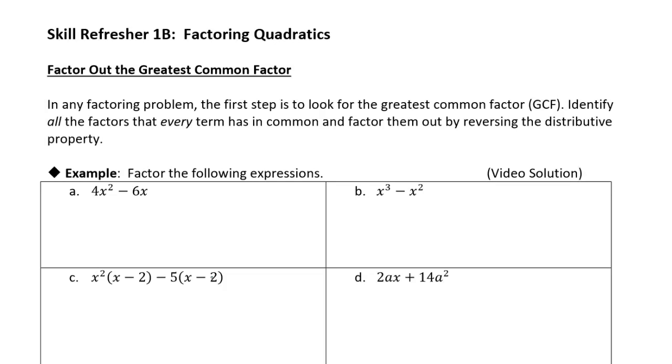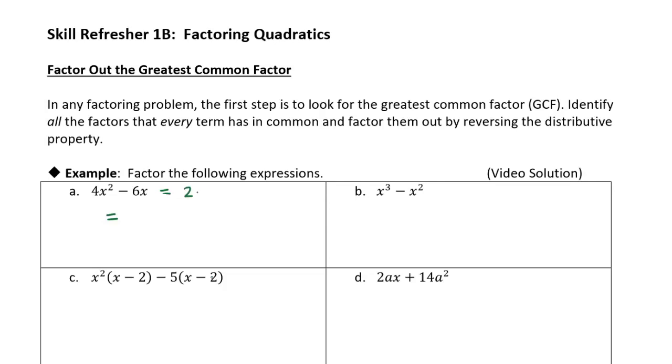So the first thing we're going to do is just look at factoring out the greatest common factor. What we want to do is use the distributive property in reverse. We want to look at the two terms in this expression and find all of the factors that the two terms have in common. Now I could write this out into its prime factors.